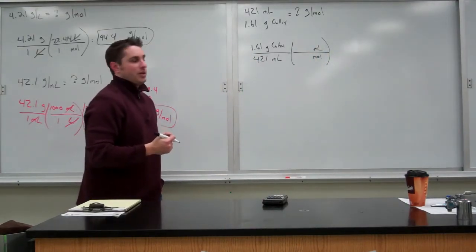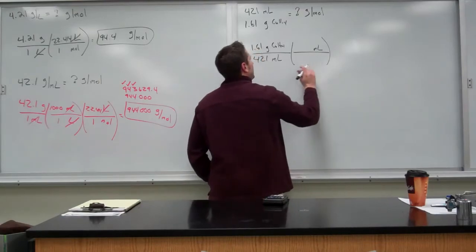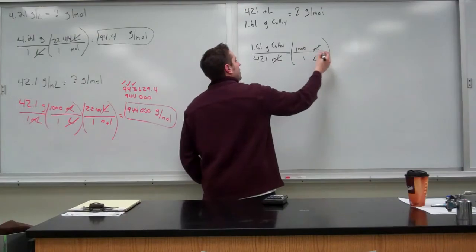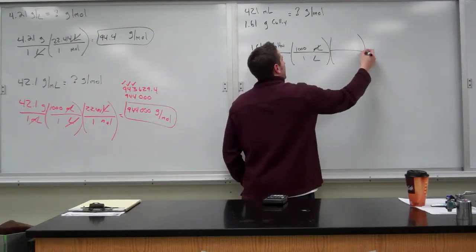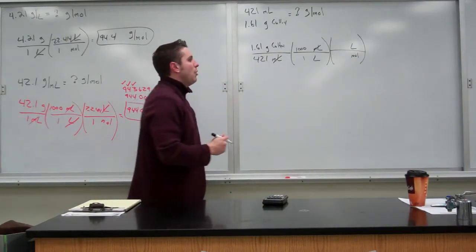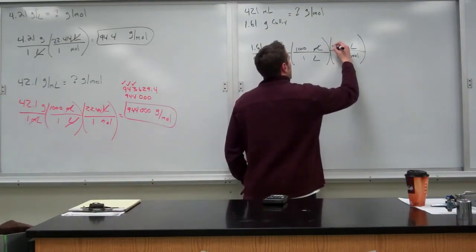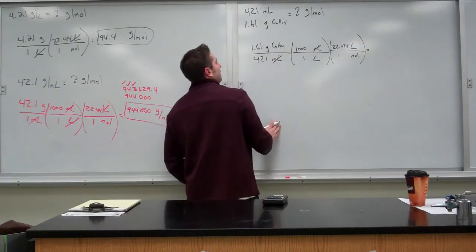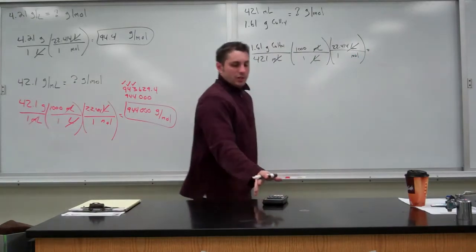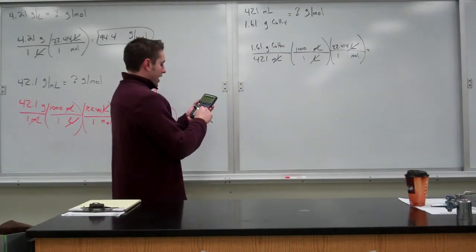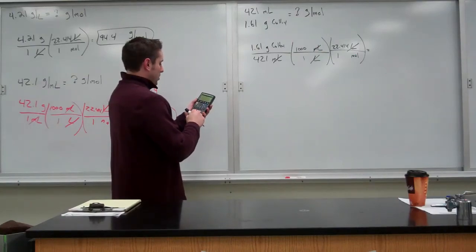I don't know a relationship between those. So again, I'll convert milliliters into liters. And in a second step, convert my liters into moles because I do know a relationship between those. Liters would then cancel. Get my calculator. 1.61 divided by 421 times 1,000 times 22.414.